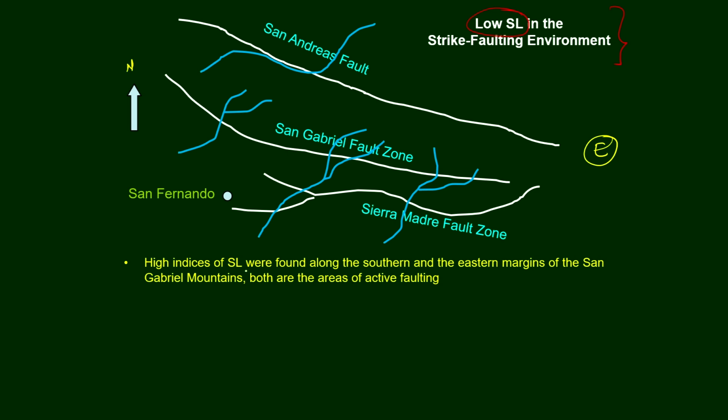High indices of SL were found along the southern and eastern margin of the San Gabriel mountains, along this line, and both are areas of active faulting.